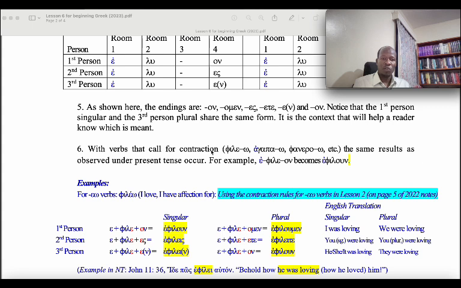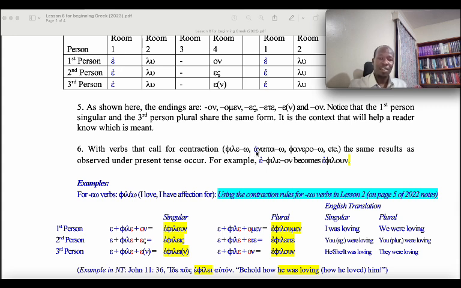So what did we say? For example, look at this one. This is phileo, and the ending of the stem is epsilon. When you add any other vowel to epsilon, the result will be a different kind of form. That's what we mean by that.